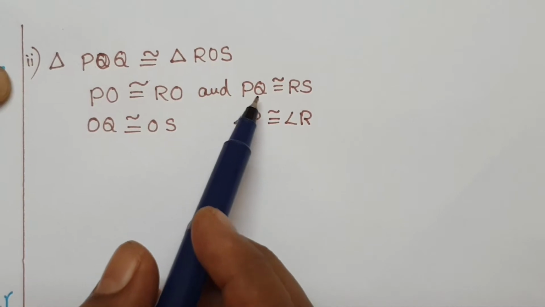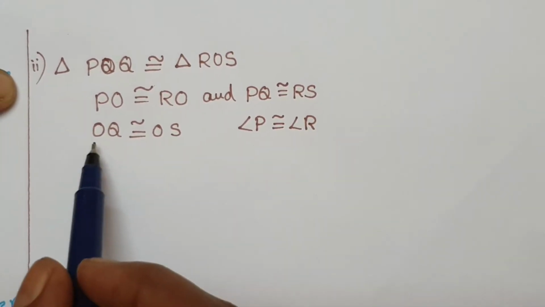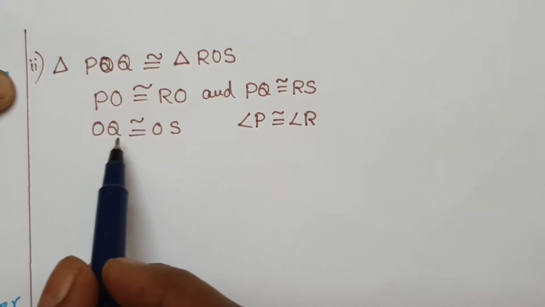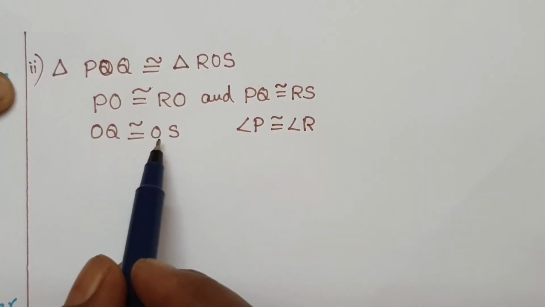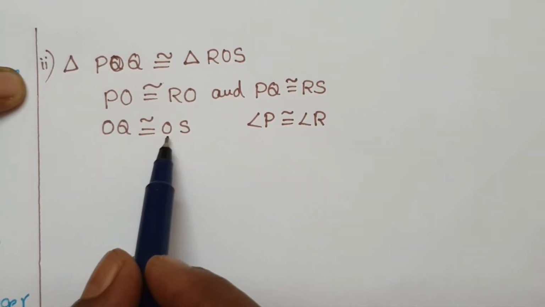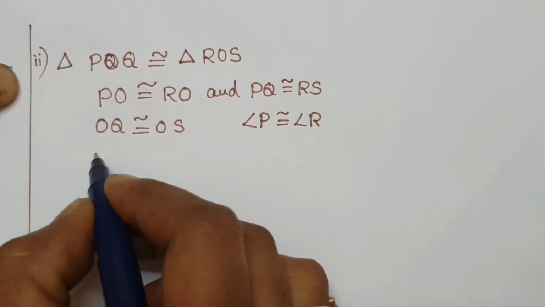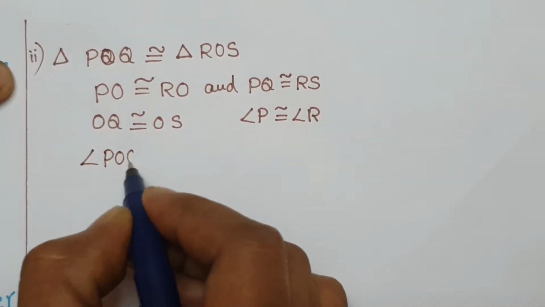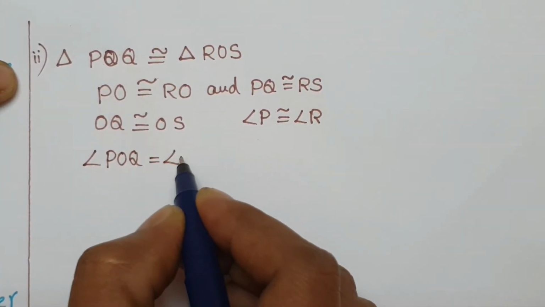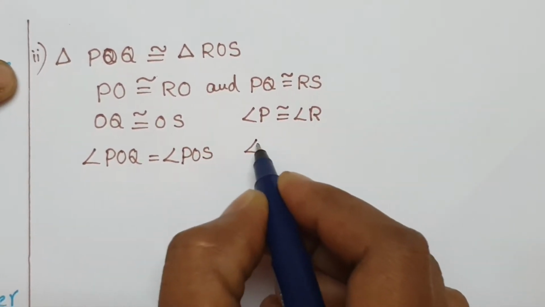Here PQ, RS is congruent to OQ. OQ is 4 centimeters, OS also 4 centimeters. 4 centimeters is congruent to 4 centimeters. So these are all corresponding, and angle POQ is equal to angle ROS. Observe that figure.